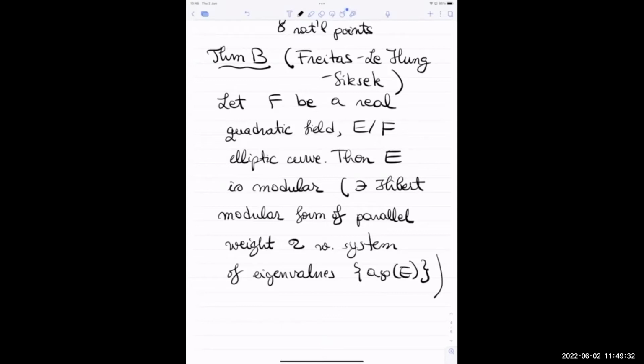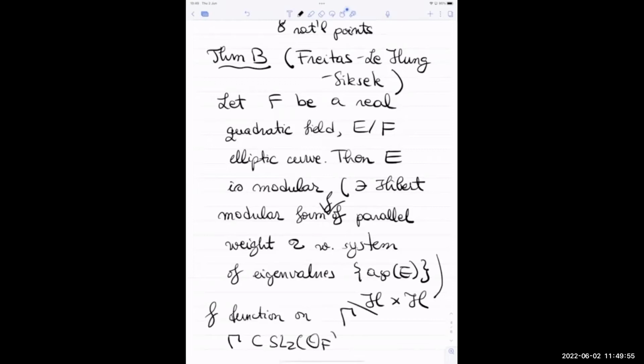And one thing to say, so a modular form, let's say f again. So f would be a function on 2 copies, a product of 2 copies of the upper half plane, modulo a congruence subgroup that is contained inside SL2(O_F).